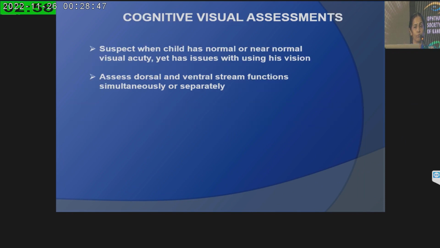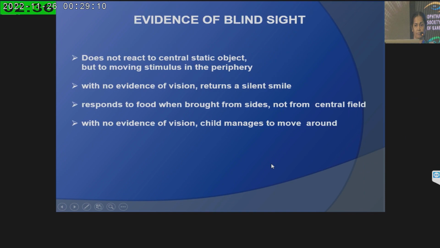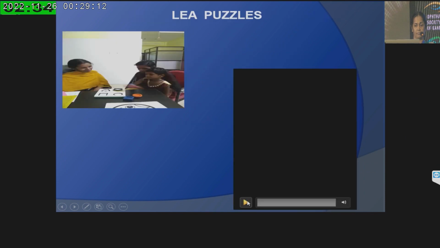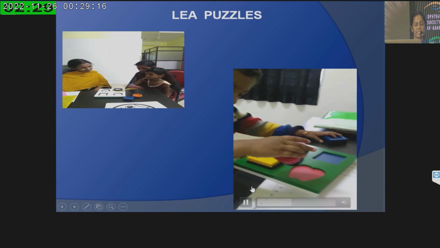Then you go for cognitive visual assessment when the child is normal or near normal and yet has issues using vision. That is to assess dorsal and ventral stream functions. These are LEA puzzles, as Dr. Sujata has shown. This child cannot see, he cannot understand the shapes.